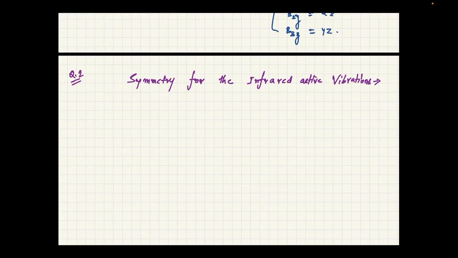Now using the same principle, for infrared active we have to use the dipole moment matrix element. Now the dipole moment matrix element is a linear function of x or y or z. Okay. So our direct product or TMI will be psi 1, then mu, psi 1. In the group theory sense, this is equivalent to the direct product of gamma 1, then gamma 2, then gamma 1.